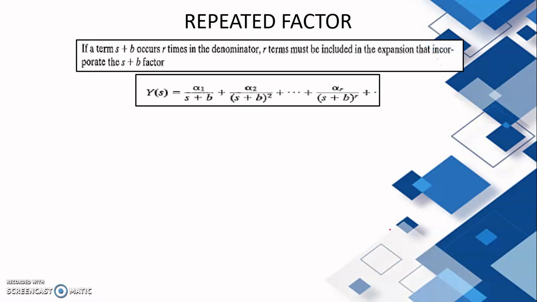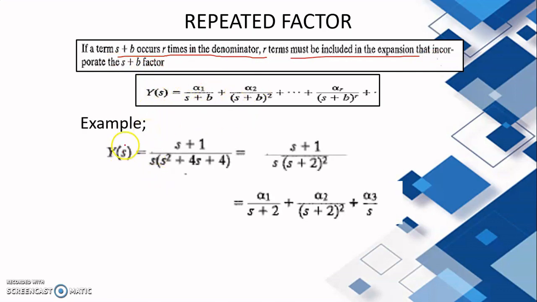The second one is the repeated factor. If a term s plus b occurs r times in the denominator, the r terms must be included in the expansion that incorporates the s plus b factor. For example, we have this expression. If we try to factorize or simplify it, we will get (s plus 2) squared.